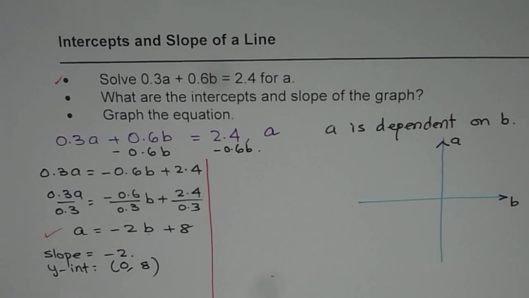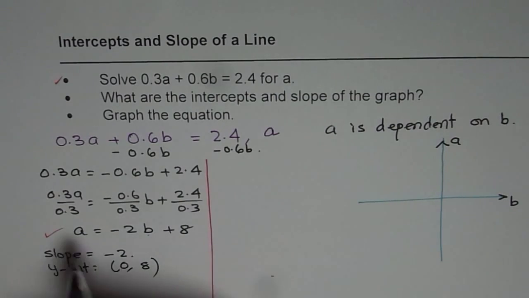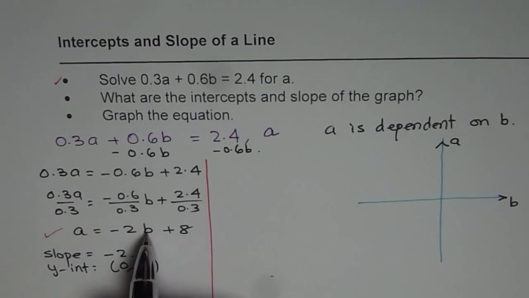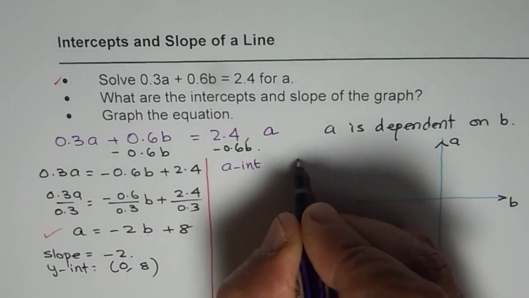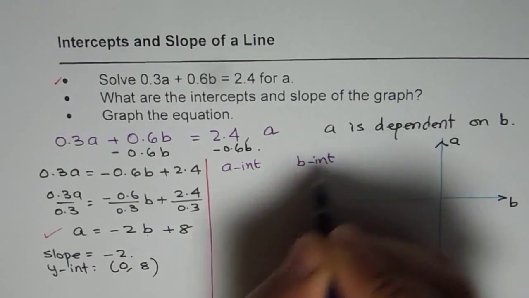However, we still have to find the x-intercept, or I should actually say the b-intercept, right? So let's find the intercepts from the original equation. So we'll say a-intercept and b-intercept, okay?